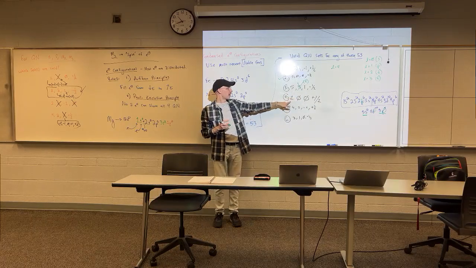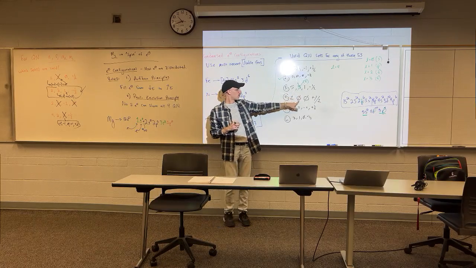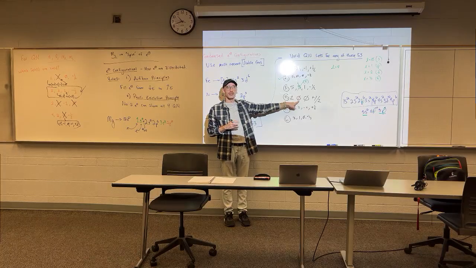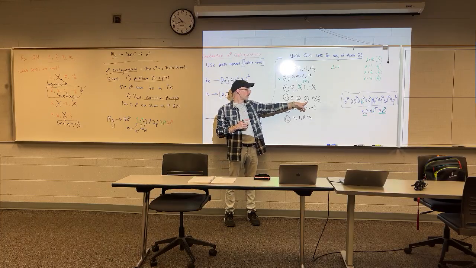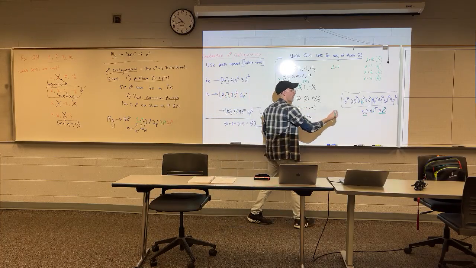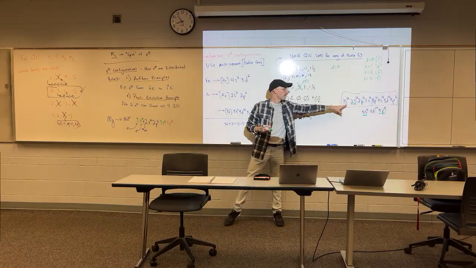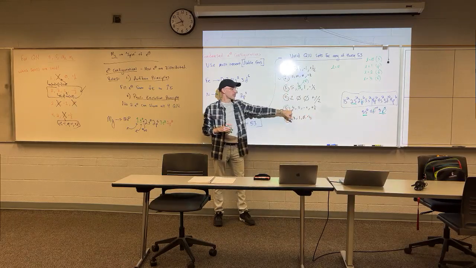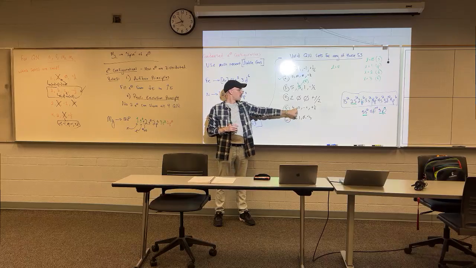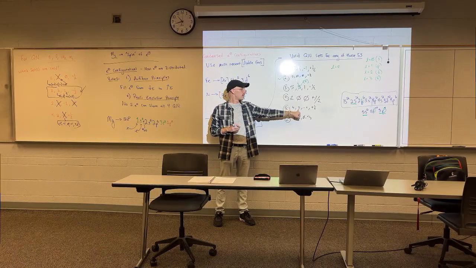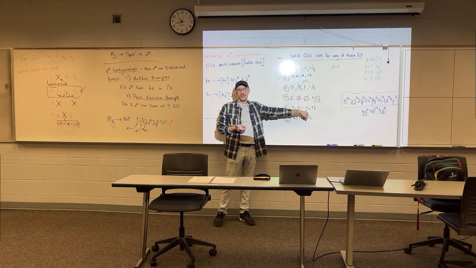Which energy shell? Second. Which subshell? And only S in there, so we're describing one of these two electrons. Yeah? Which energy shell? Which subshell? Which of them? The -1.